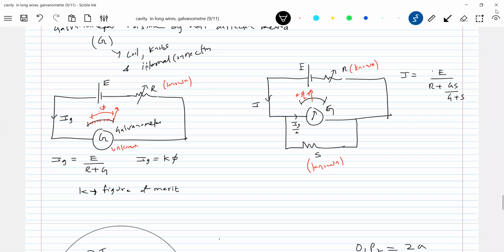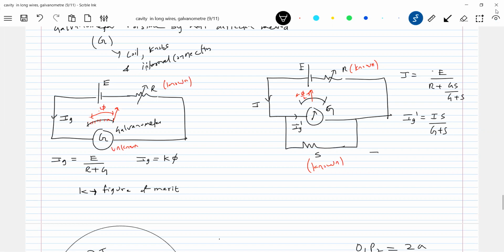So what is this current? Half of the total current that is flowing. So what is Ig? For time being, let me write Ig; later on I'll write Ig dash by 2. So what is Ig dash? Main branch current into resistance of the other branch by the sum of these two resistances. Current divider formula: current through galvanometer equals main branch current into resistance of the other branch by the sum of these resistances. So substitute this.